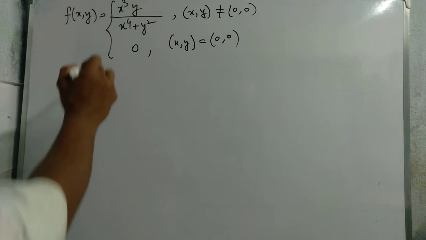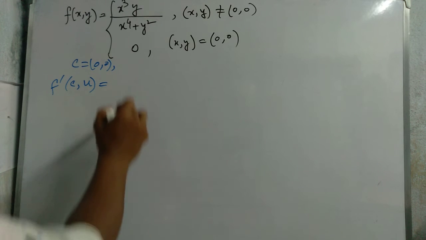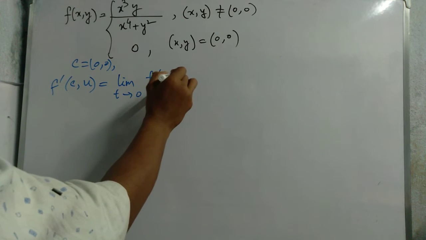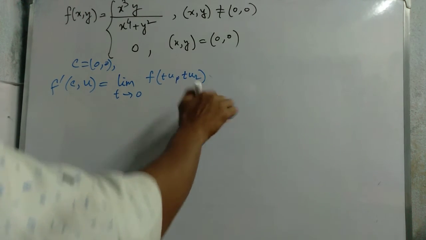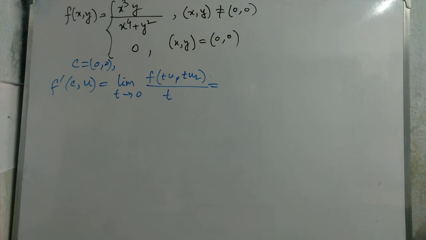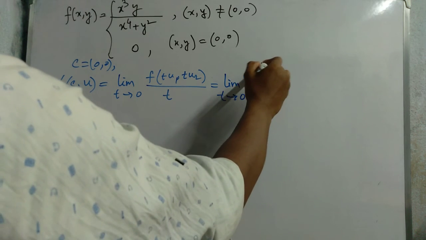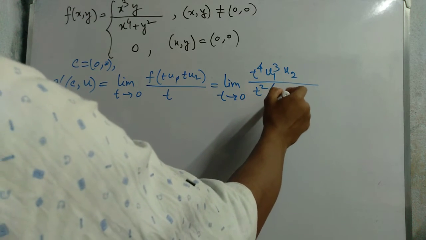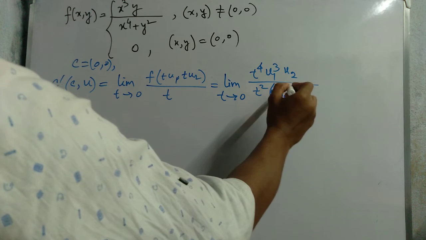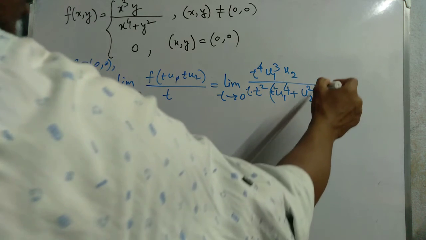Then obviously we write c = (0,0) and f'(c)u equals the limit as t tends to 0 of f(tu1, tu2) minus 0, divided by t, equals what? Equals the limit as t tends to 0, then this equals 0.